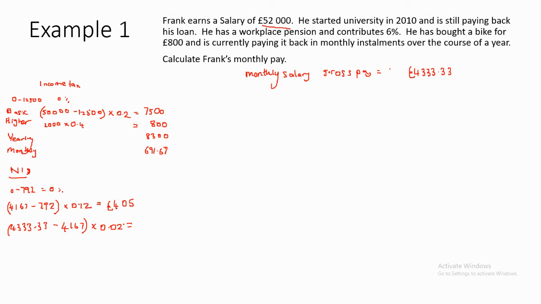So £166.33 times 2%, then it's £3.33 rounded. And the total national insurance will be equal to those two added together, £408.33.